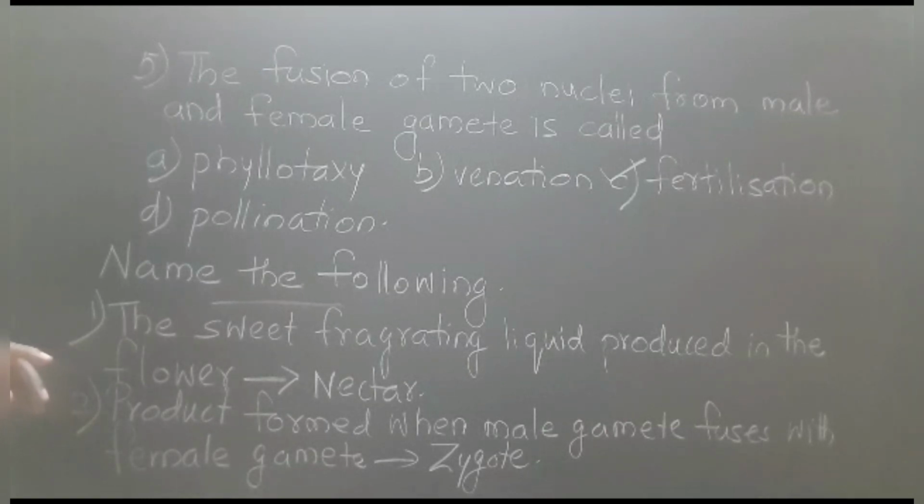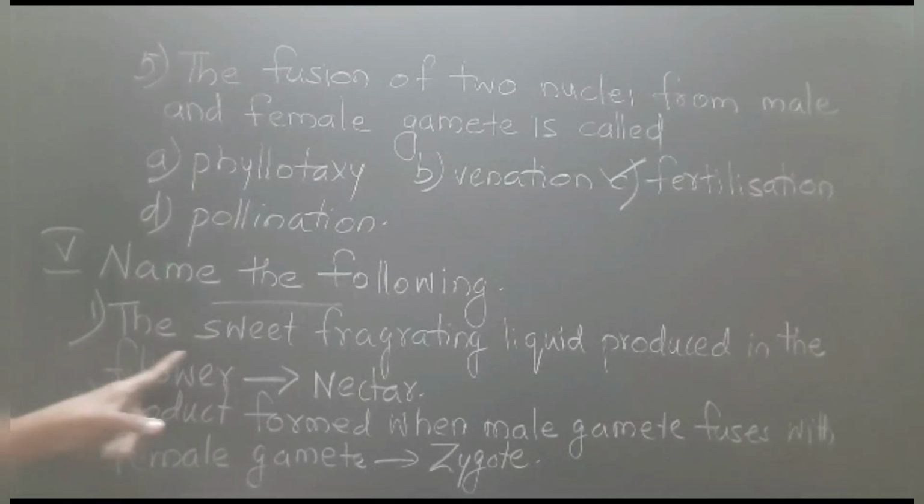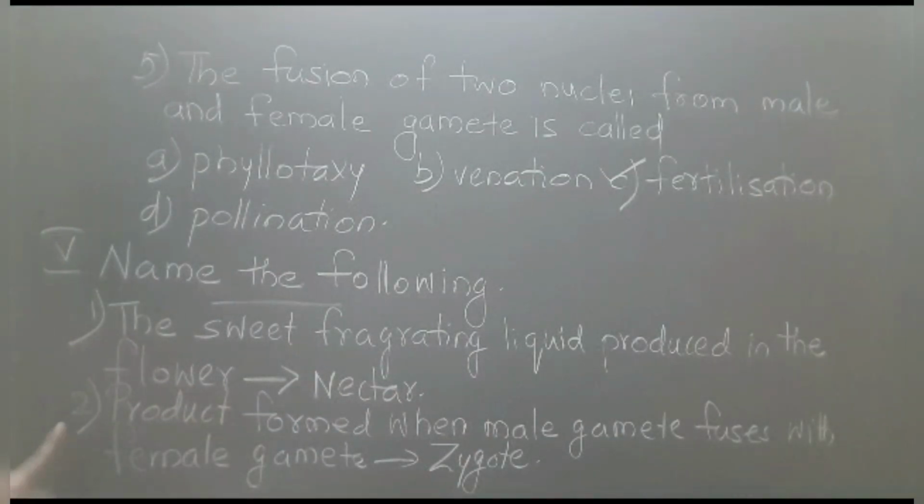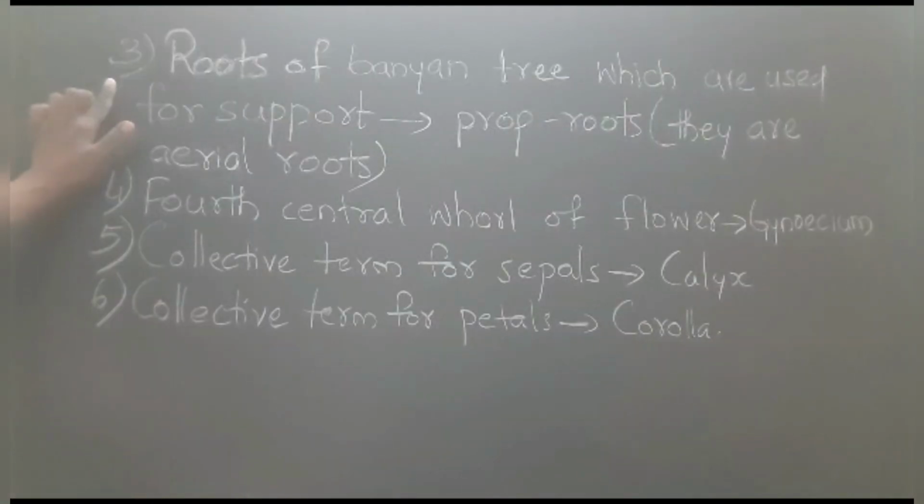Next one is name the following. Number 1. The sweet fragrant liquid produced in the flower is nectar. Number 2. Product formed when male gamete fuses with the female gamete, that is zygote. Third one.